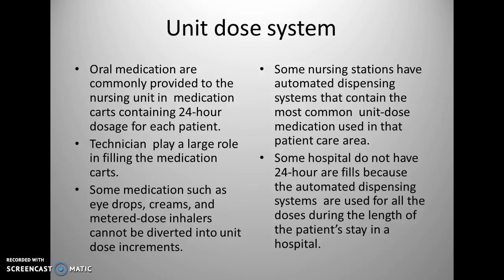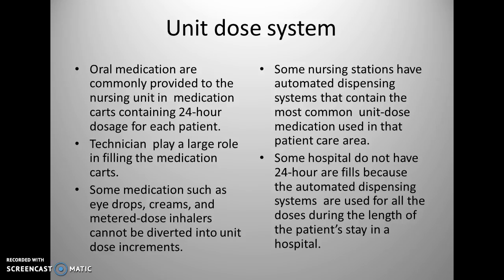Some of the medication found in those carts could be eye drops, creams, inhalers that cannot be divided into unit dose increments. Some hospitals, depending on their size or when they were built, may have what's called an automated dispensing system, which allows medication to go directly from the central pharmacy to the unit necessary.